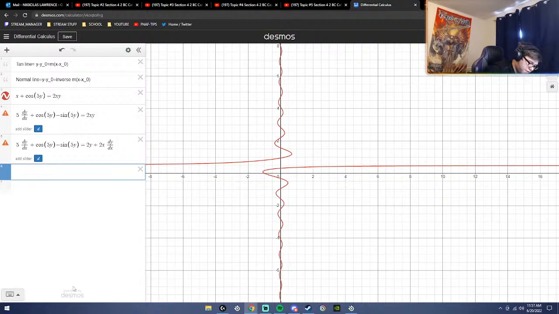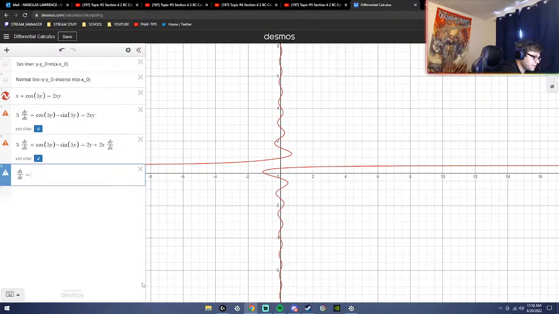Then divide 5 minus 2x to both sides. So we get dy/dx is equal to negative cosine of 5y plus sine of 5y plus 2y, all divided by 5 minus 2x. So really I have this.